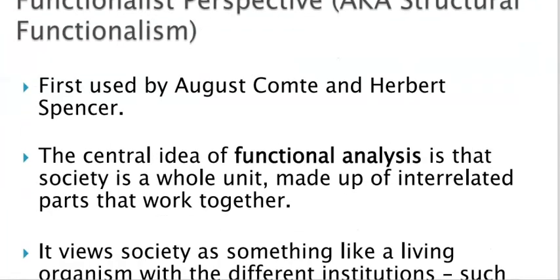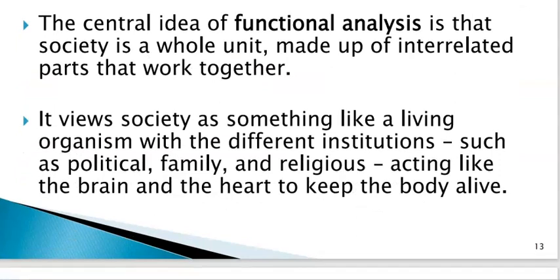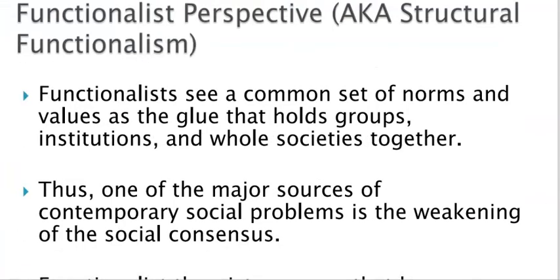So the functionalist perspective, aka structural functionalism, first was used by Auguste Comte and Herbert Spencer. The central idea of this theory is that society is a whole unit made up of interrelated parts that work together. It views society as something like a living organism with the different institutions acting like the brain and the heart to keep the body alive.